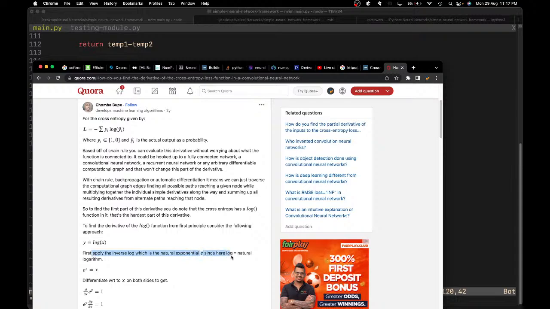First apply the inverse log, which is the natural exponential. Log is equal to natural log. Wait a second, this doesn't make any sense. Is this log to the base 10 or is it ln? Yeah, but see, here he has written e to the y equals x.